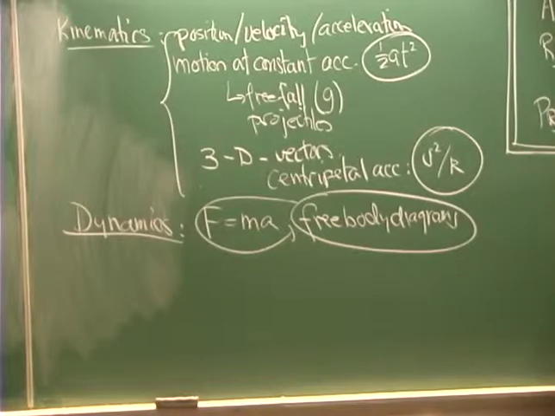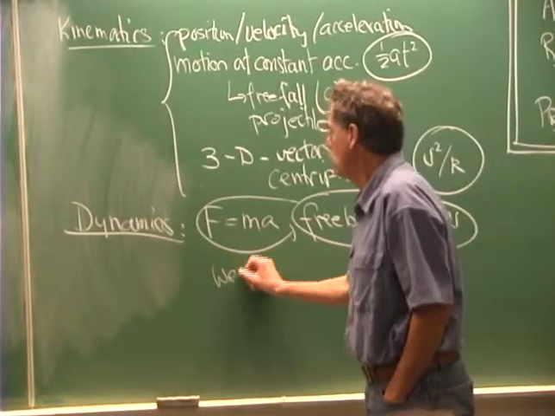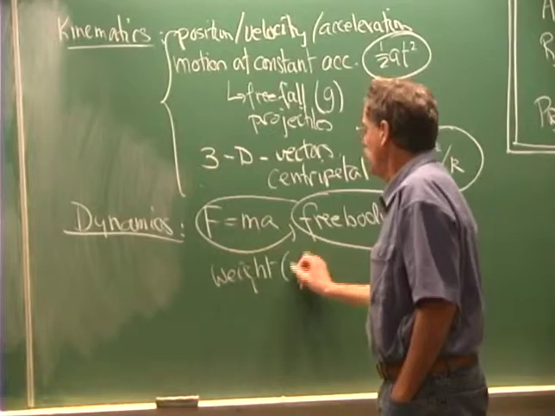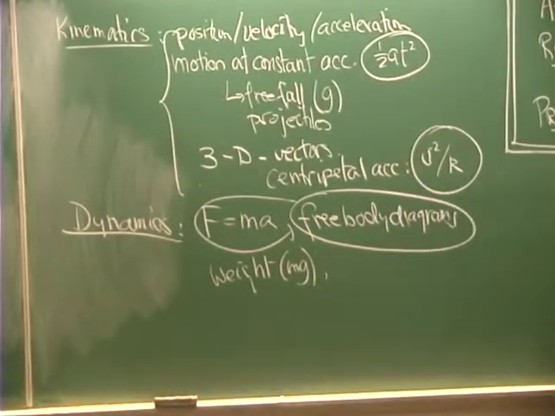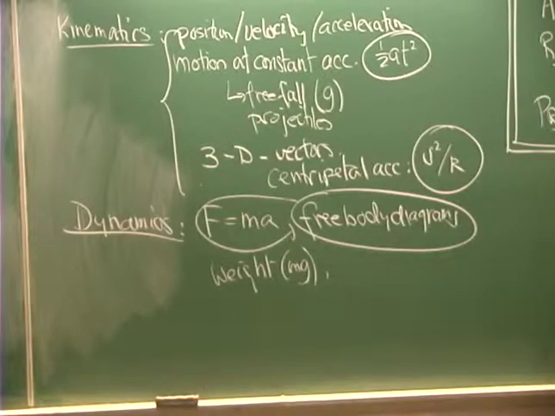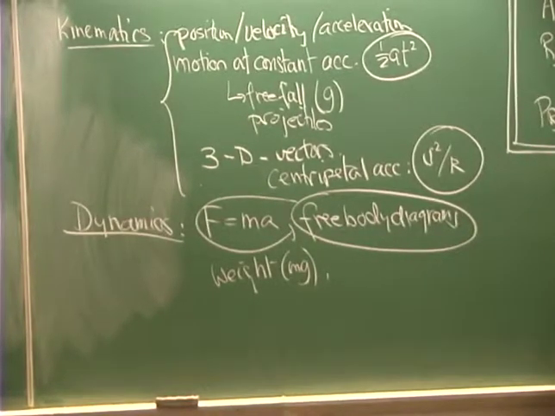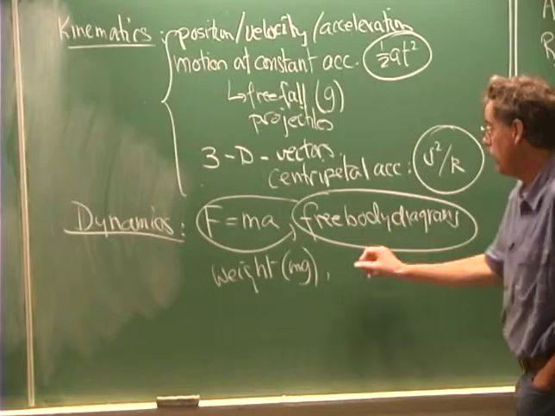Kinds of forces that we encountered: weight, mg. You ought to know the force of gravity on an object in this room is mg. You all know that, but that's something that'll probably be on there.